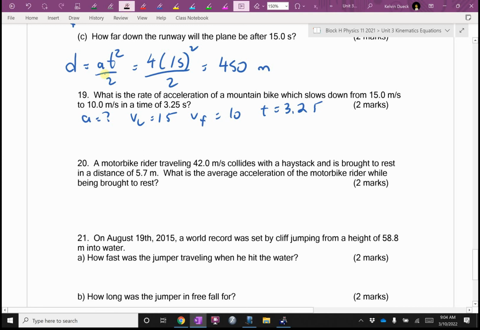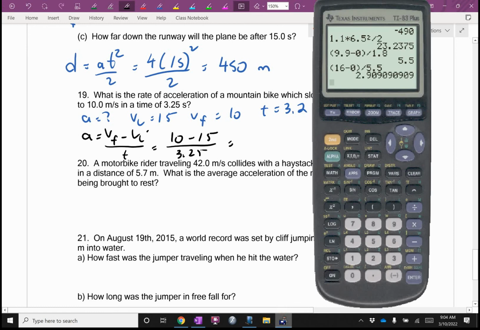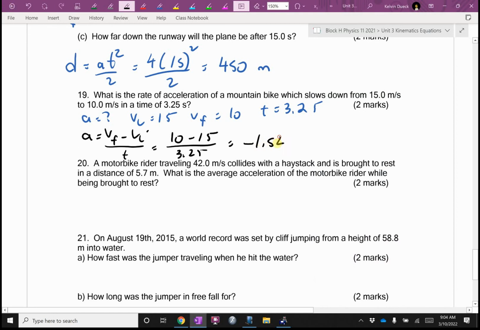I think I'm going to end up going A equals VF minus VI over T. It's going to be 10 minus 15 all over 3.25. Do you get negative 1.54 meters per second squared? Not a very big acceleration.